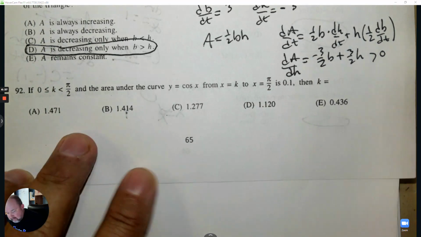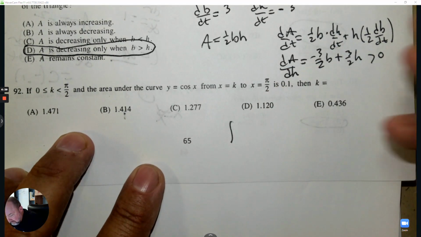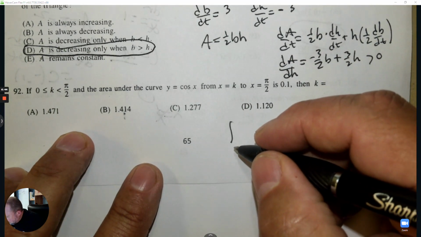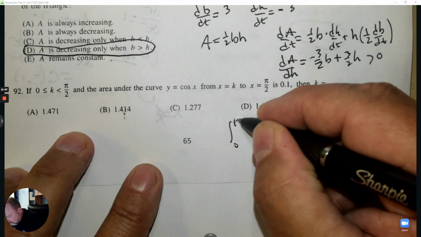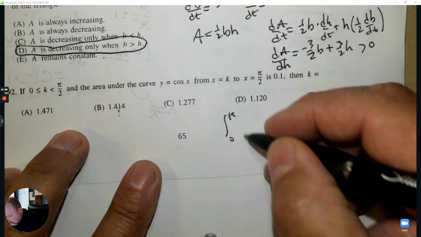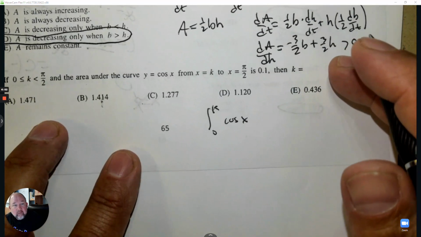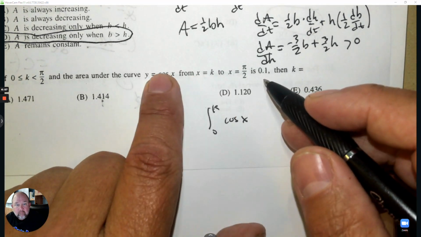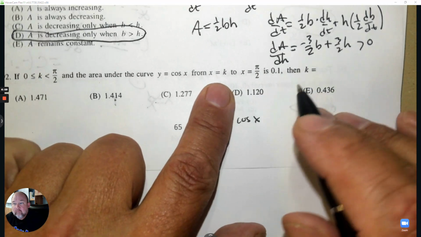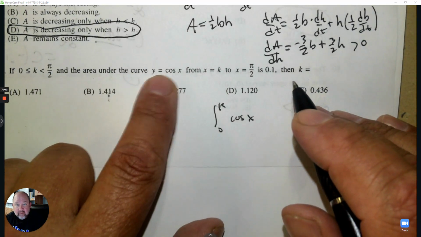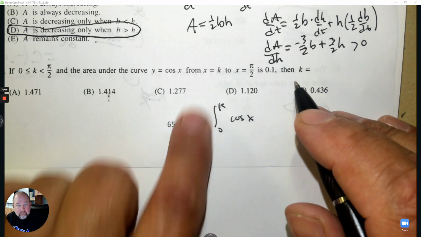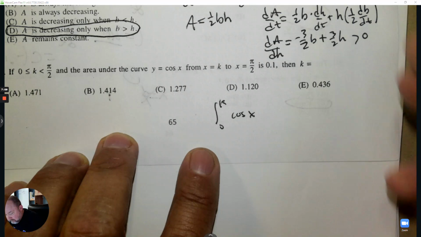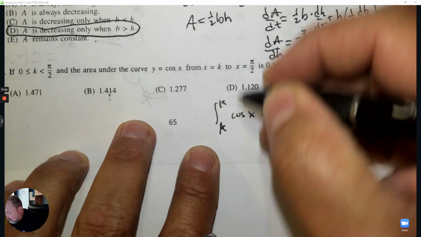So the area from 0 to K of cosine x, so K is here, and under the curve, and x equals K. So we're actually going to go K to pi/2.